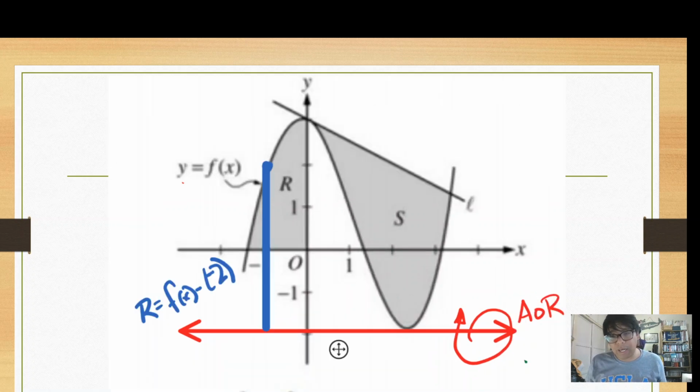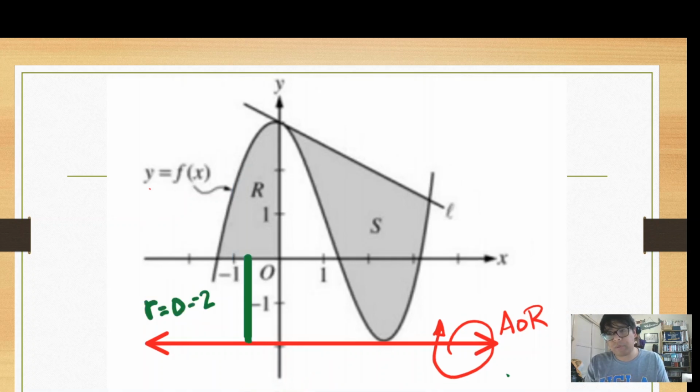Here's our big radius. It's the distance from the outmost curve to the axis of rotation. And this is f of x minus -2, or just f of x plus 2. The inside radius, this is interesting because the inside radius is always going to be y equals 0 for every point along the region.